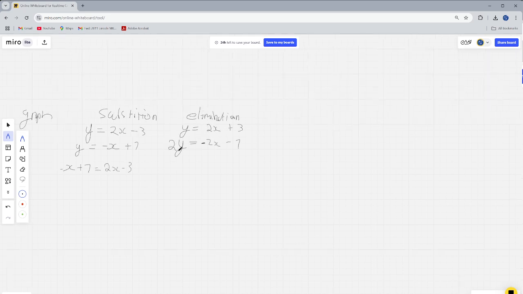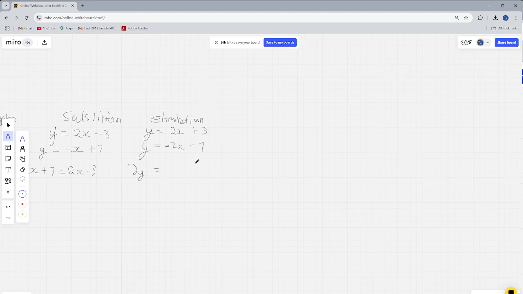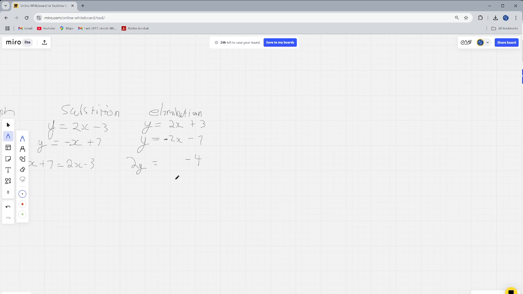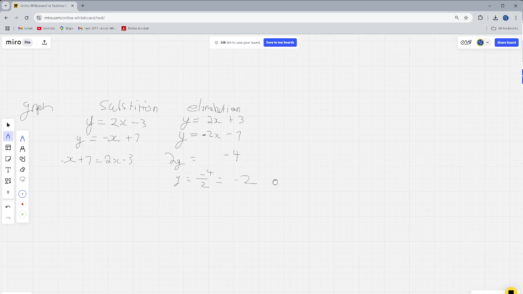So y plus y gives you 2y, 2x minus 2x gives you 0x, and then plus 3 plus negative 7 gives you negative 4. So we're left with 2y equals negative 4, or y is equal to negative 4 divided by 2, which is equal to negative 2.